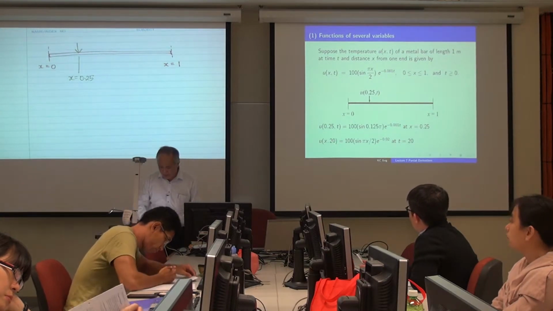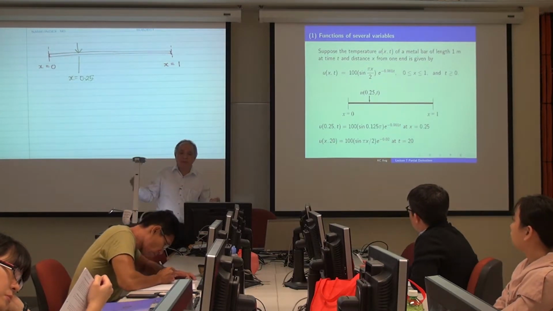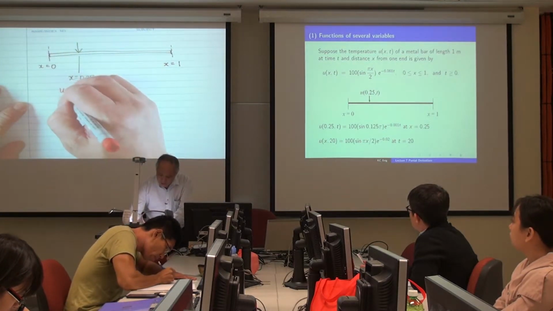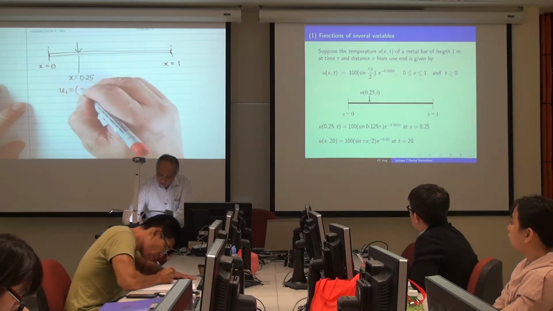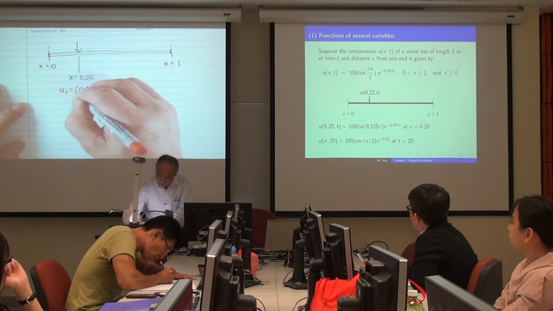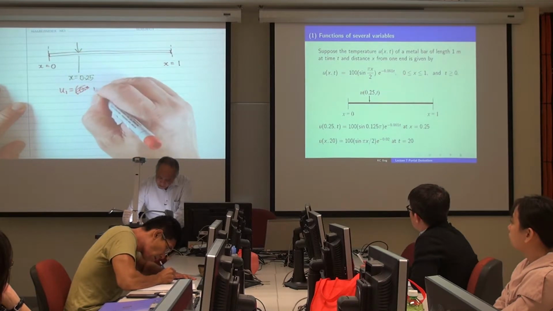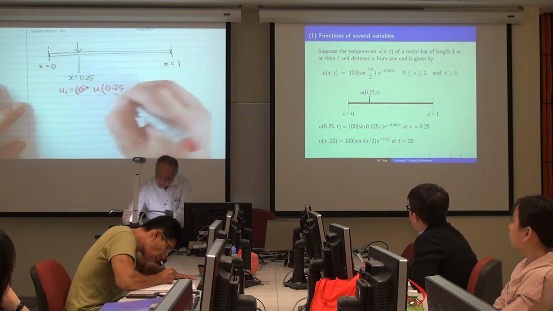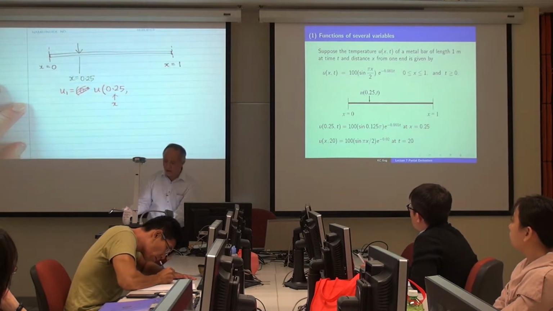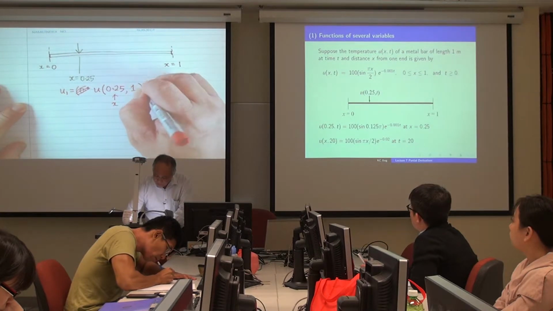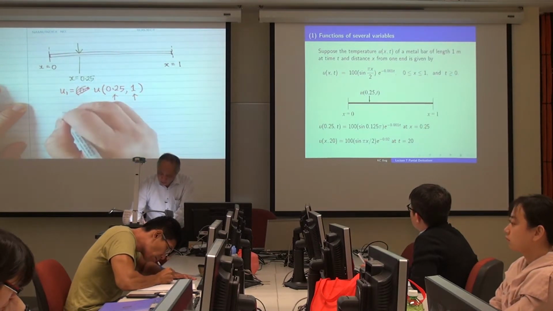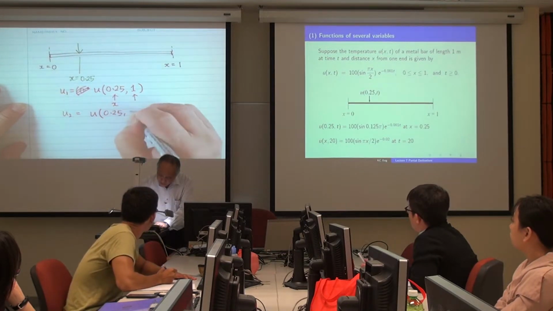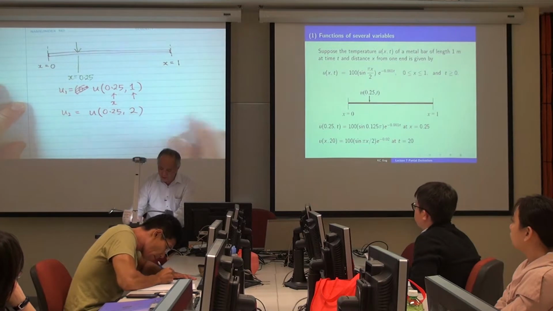At that point, the temperature could be some value. Let's call it U1, the temperature U at 0.25, that is my x, and some value of t, say 1 unit in t. And U2 may be U at 0.25 and t equals 2 seconds, and so on.